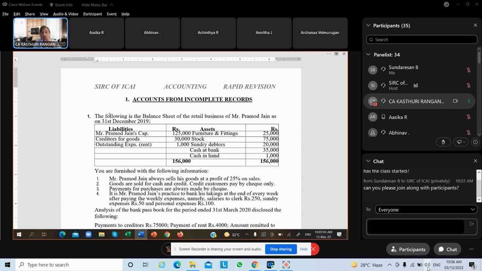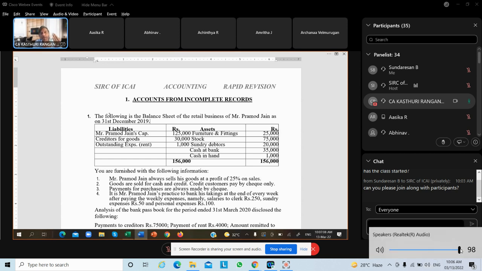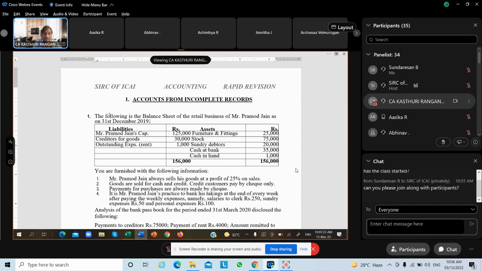So, when you come across a problem like this, we are supposed to prepare the trading P&L account and balance sheet. We should also prepare various working notes, namely opening balance sheet, debtors account, creditors account, cash and bank account.